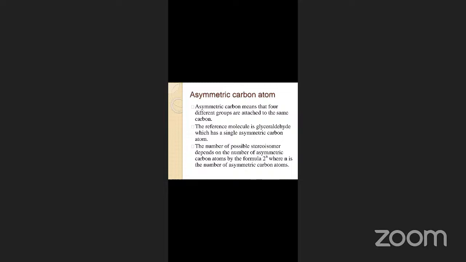The formula is 2 to the power of n. In glyceraldehyde only one asymmetric carbon is there, so 2 power 1 gives 2. Only 2 stereoisomers are possible, D and L. But if n increases, the number of stereoisomers also increases.